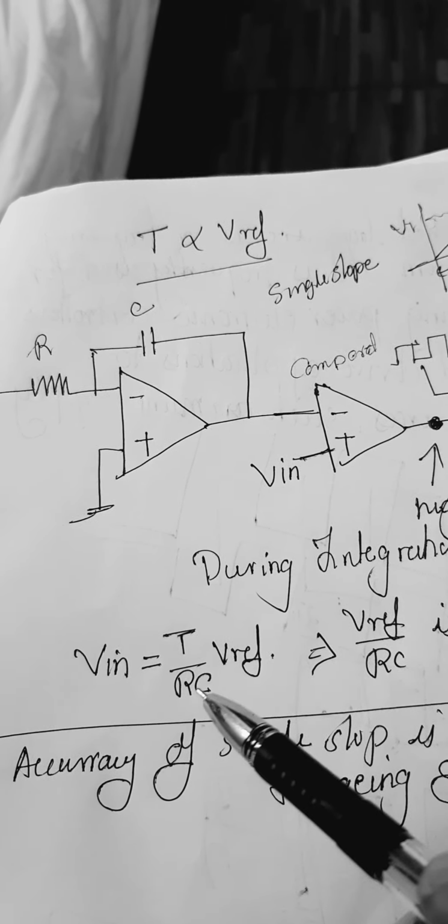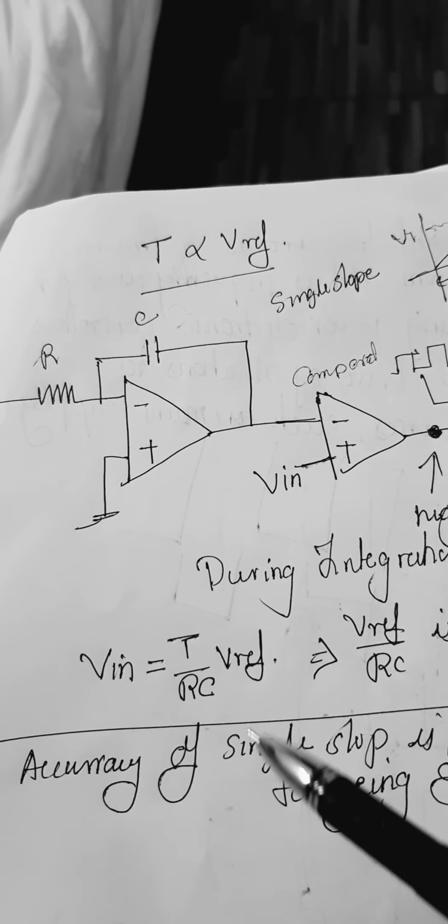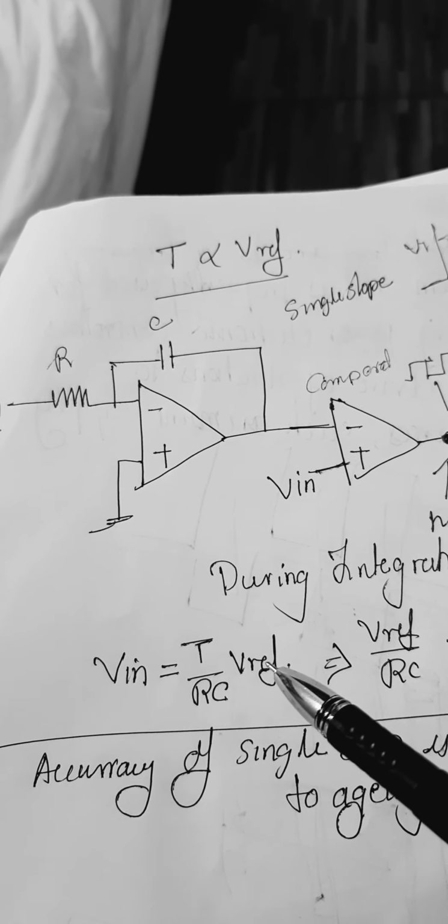Vn is equal to T by RC into V reference, and V reference is constant and RC is constant, so Vn is proportional to T. Okay, so this is the working of a single slope ADC.